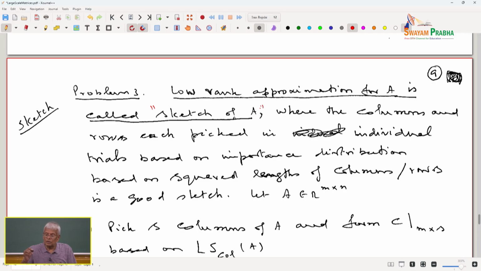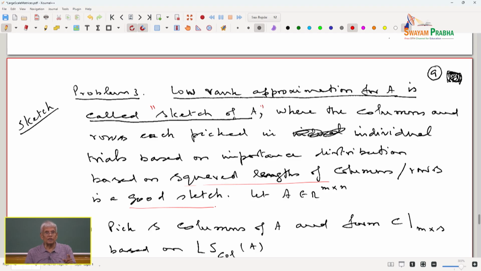So, the low rank approximation of A is called the sketch of A, where the columns and rows of A are picked in individual trials based on the importance distribution, and this importance distribution is based on the squared length of the columns and rows. Such a choice generally gives you a good sketch.